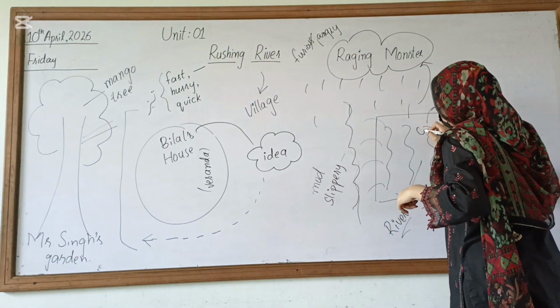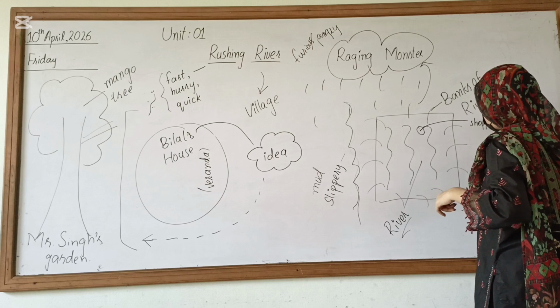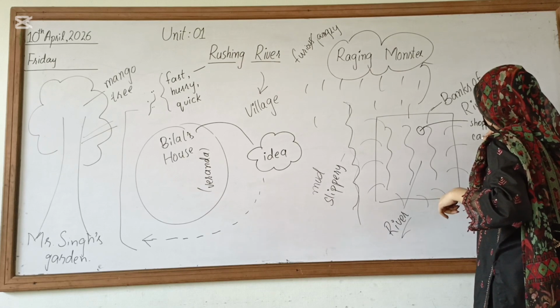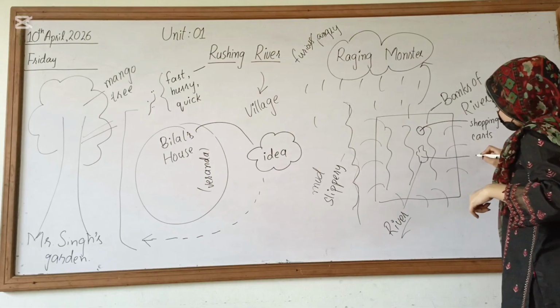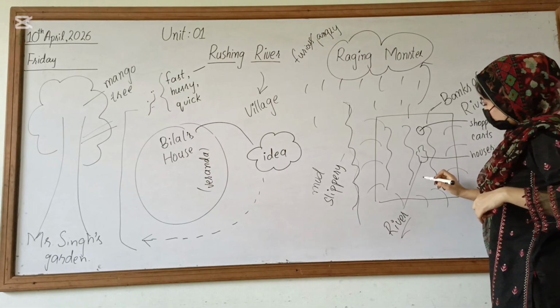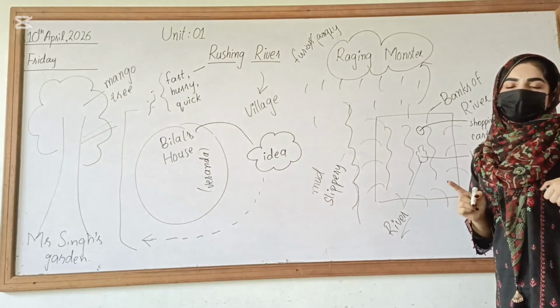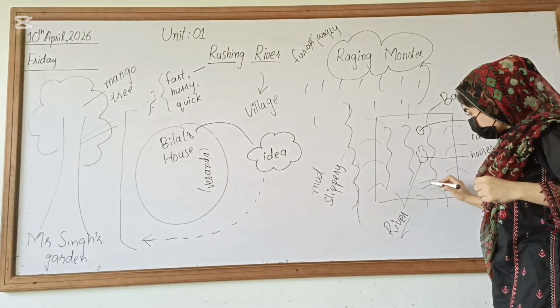So what has Bilal seen? Bilal has seen shopping carts, houses, and what else? There's another thing that is mentioned in your book. A tree.